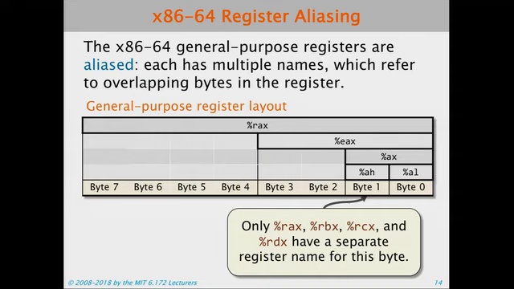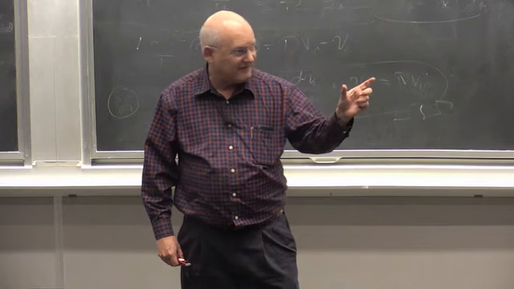Okay, now the x86-64 didn't start out as x86-64. It started out as x86, and it was used for machines, in particular the 8086, which had a 16-bit word. Okay, so really short.